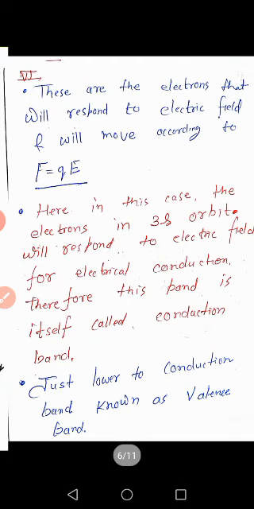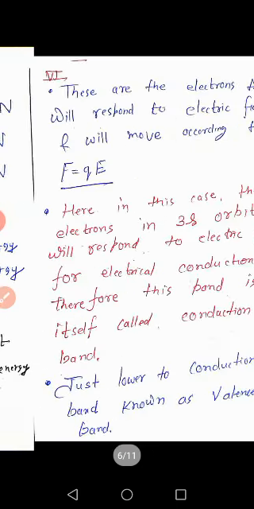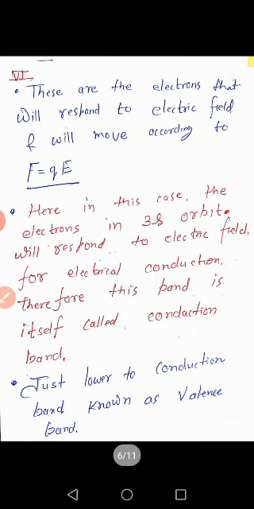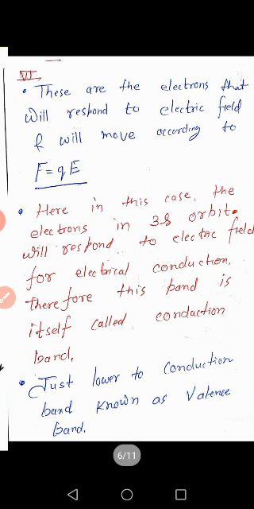Just lower than the conduction band is the band known as the valence band. These are the definitions related to quantum mechanics, or you can say the atomic structure and the band theory of solids.